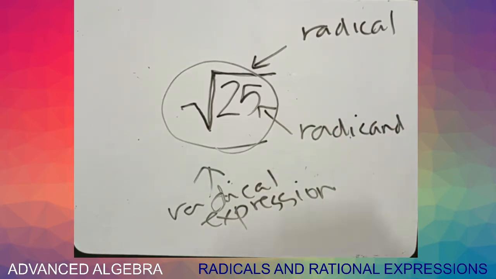So, it is counted as an algebraic expression, parang under pa rin siya ni radical expression. Okay? Radical expression na lang, para hindi kayo malito. So, yun yung sinasabi kanina doon sa principal square root. Okay?